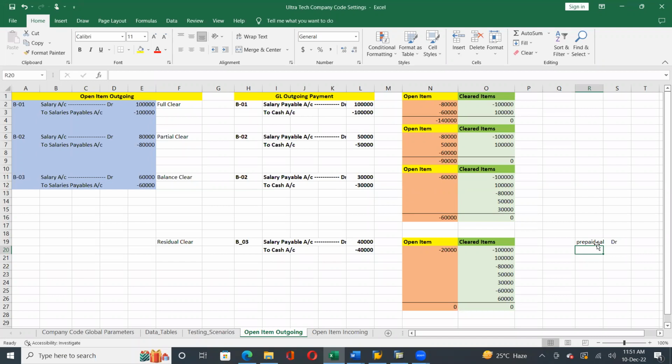Listen first. Salaries you are paying, what is salaries? Expense, right? So for the next month, are you going to pay salaries again? No, we already paid. So what is decreasing for next month? Nothing but expense is going to decrease.